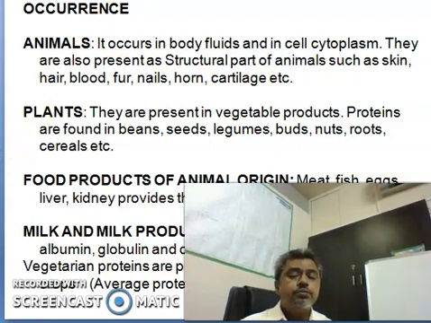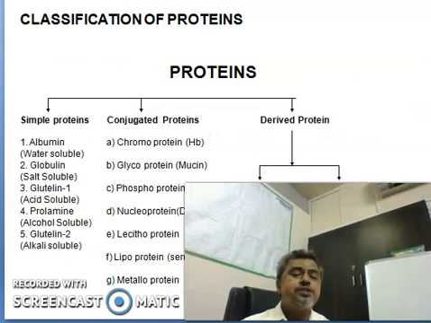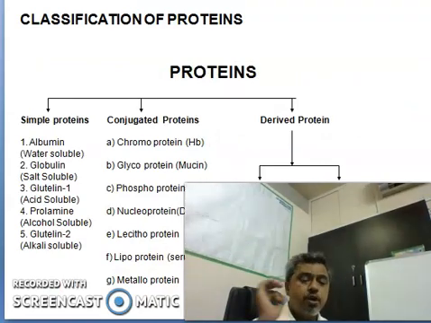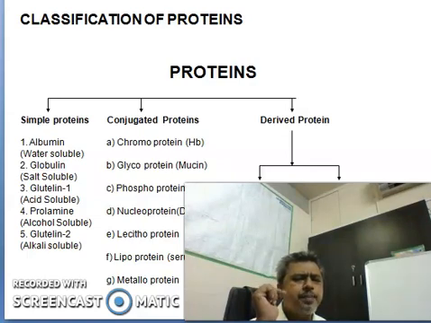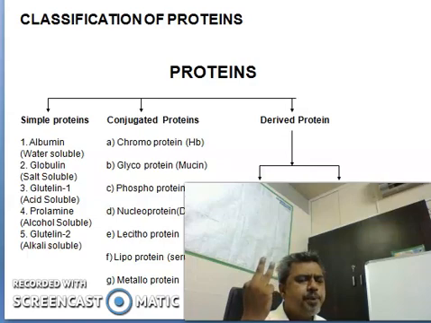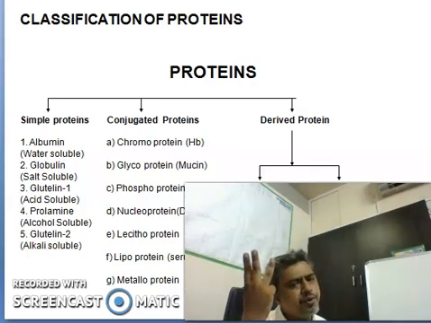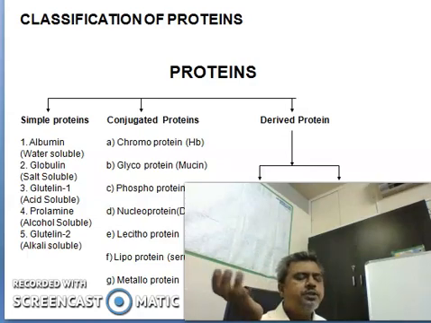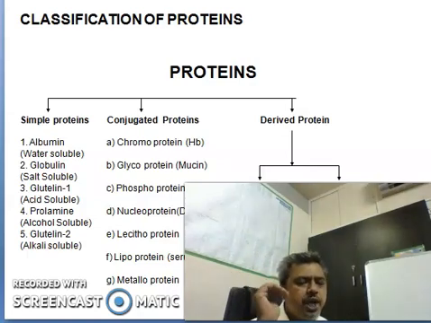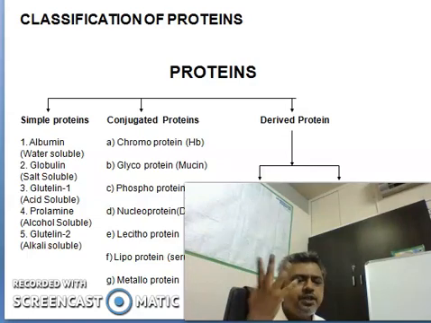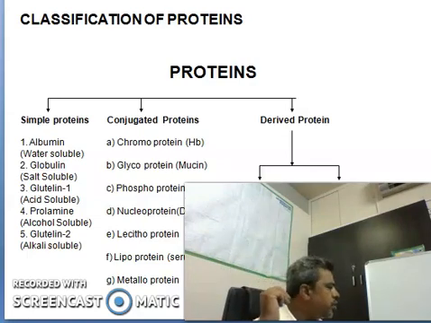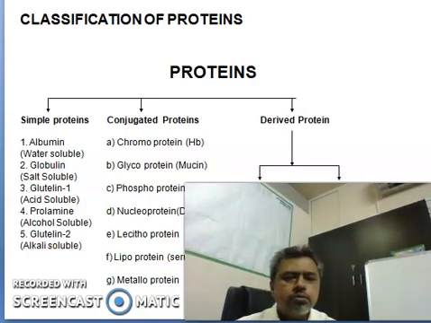Now, the classification of proteins is very important, as it is asked in many examinations. Proteins are classified into three parts: simple protein, conjugated protein and derived protein. Simple proteins, as per the Osborne classification, are albumin, globulin, glutenin and prolamins. These are the four fractions, but in certain literature you will find glutelins too.